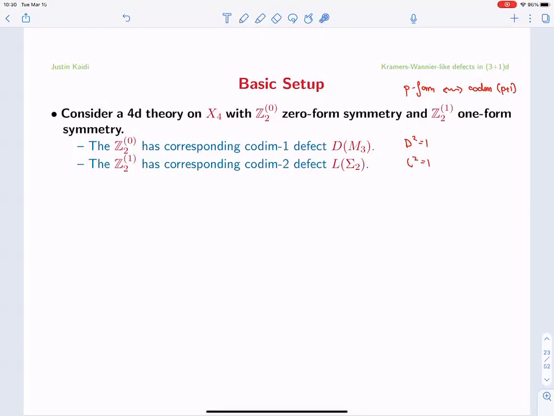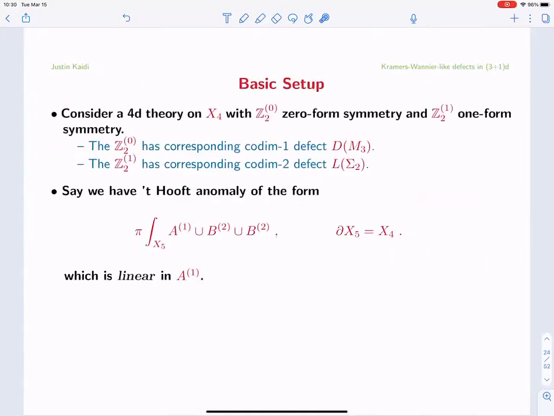All right. Now, let's say that these two symmetries have a mixed 't Hooft anomaly of the following form. So this is the anomaly inflow action. It's defined in 5D with the original 4D theory on the boundary. And A1 here is the background gauge field for the Z2 zero-form symmetry, and B2 is the background gauge field for the Z2 one-form symmetry.